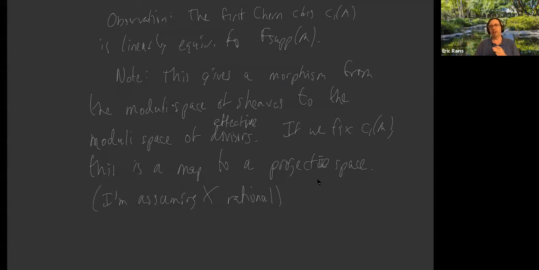So it's a bit more complicated, but in the rational case, everything's nice because the Picard group of a projective rational surface is a lattice, and so you just get one linear system for each point in that lattice.